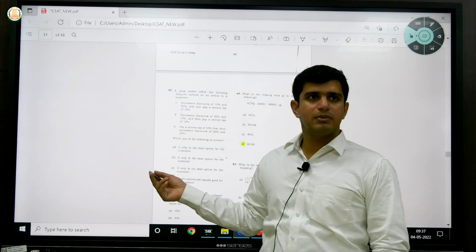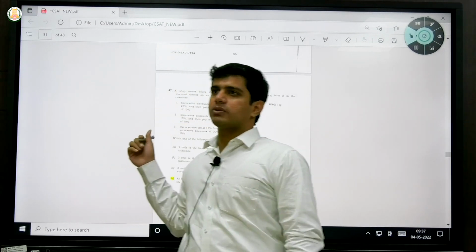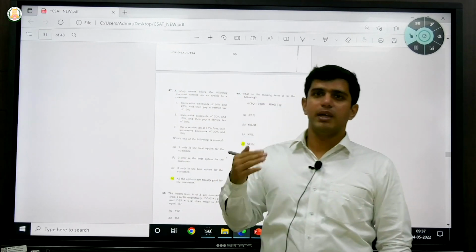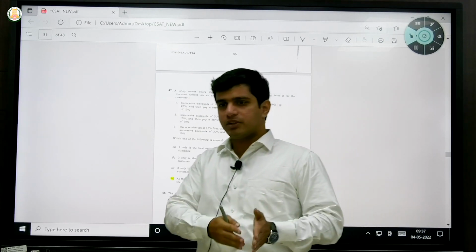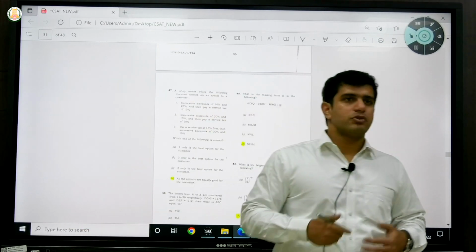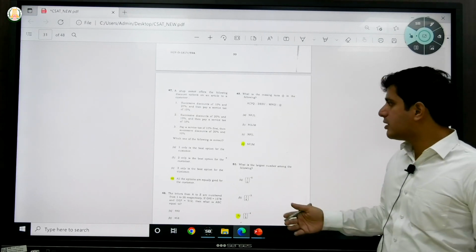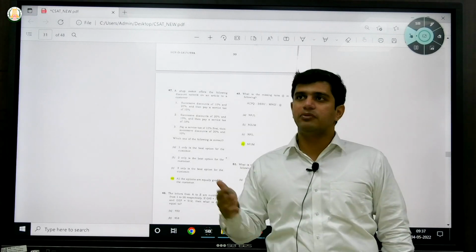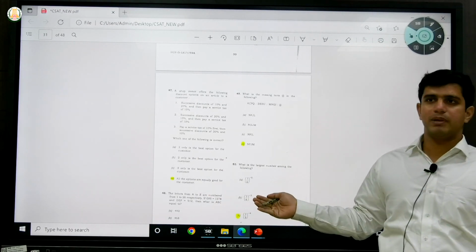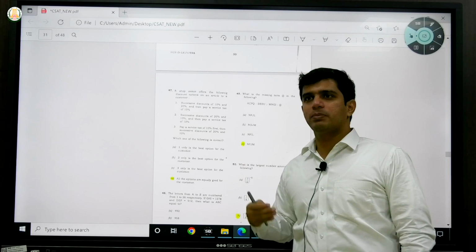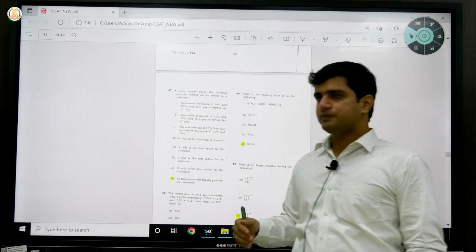So if you give me the 2022 paper also, I'll solve it without preparation because I was familiar. So you also try to be familiar with different models, and trust me, if you can solve 5 proper CSAT papers, you will find that familiarity coming up. In 2022, you will be much more prepared and much more equipped.